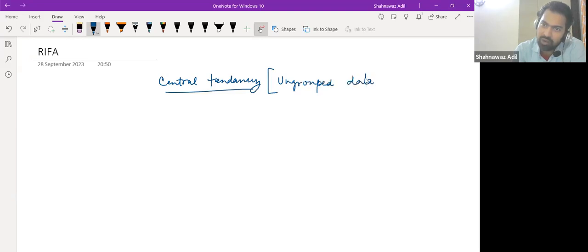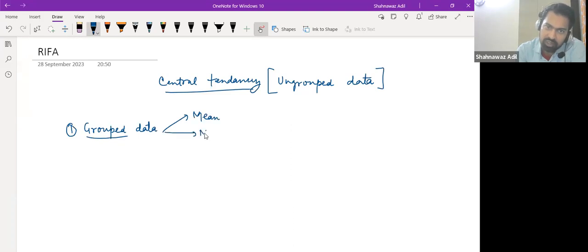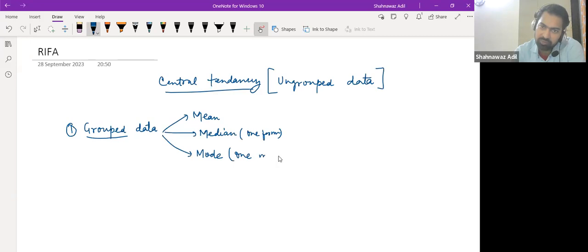Now here, first the data would be grouped, and then from the grouped data, we will calculate mean, median, and mode. Mean and median have only one formula, one method, but mode has three methods.